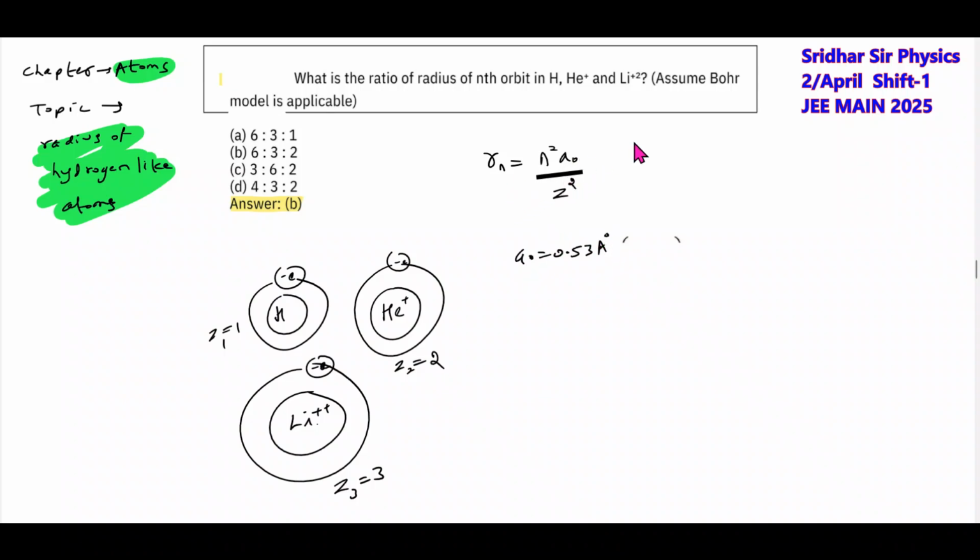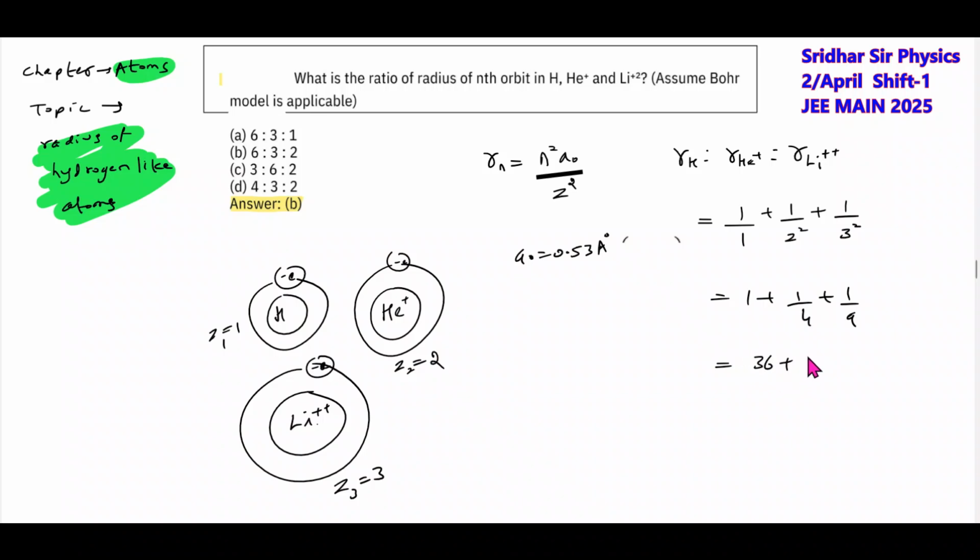So he's asking the ratio of the radius of hydrogen to that of helium plus to that of lithium double plus. This should be equal to 1, Z equal to 2, okay, 2 square, this will be 4. I'll write it as 2 square, 3 square. This will be 1 plus 4 plus 9.